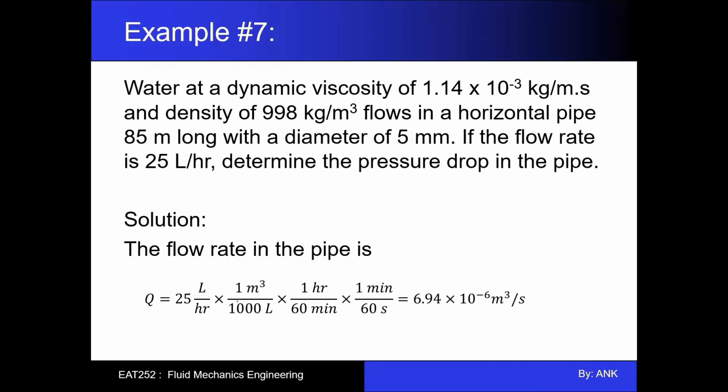We know 1 meter cube is equal to 1000 liter, 1 hour is equal to 60 minutes, and 1 minute is equal to 60 seconds. So when we convert, we get the flow rate is 6.94 times 10 negative 6 meter cube per second.